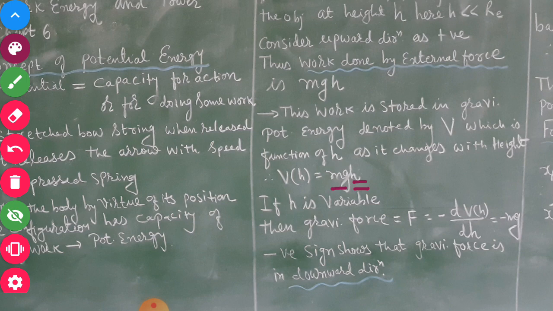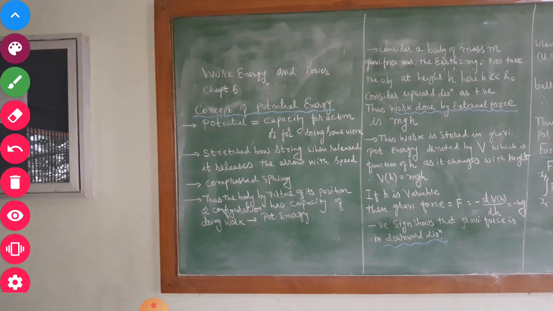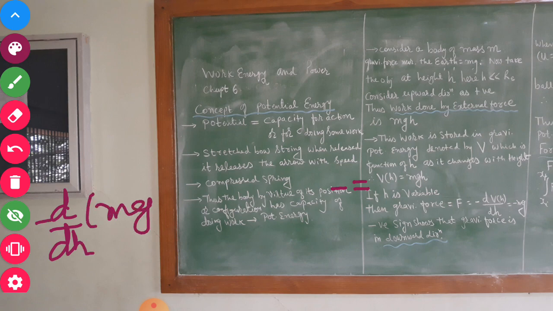So we have minus d by dh of mgh, and mg is a constant quantity, so dh by dh will become 1. So the gravitational force which you get is minus mg.